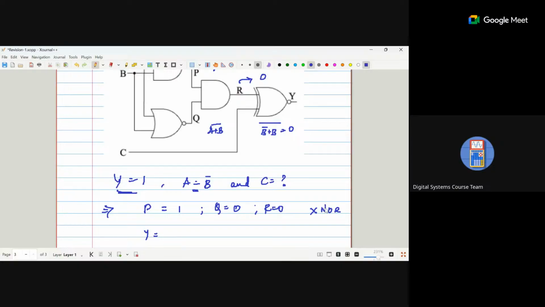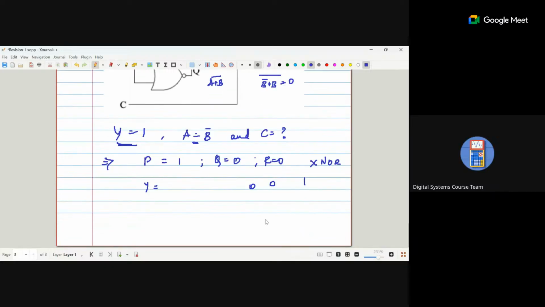When will you get 0 and 1? For two same inputs, we'll get logical high output, and for two different inputs, we'll get logical low output. Correct. For 0 0 you have 1, 0 1 will be 0, 1 0 will be 0, and 1 1 will be 1.